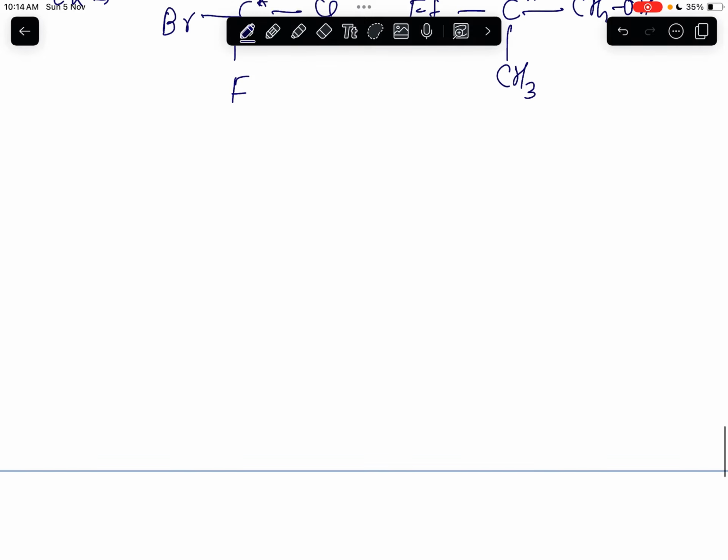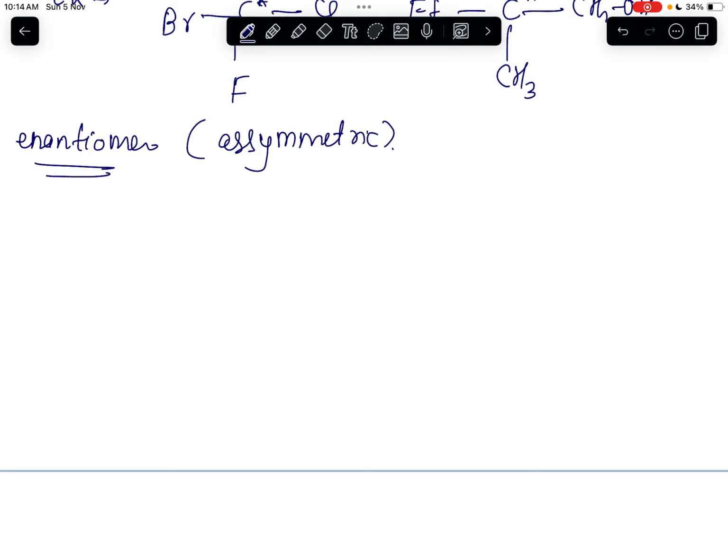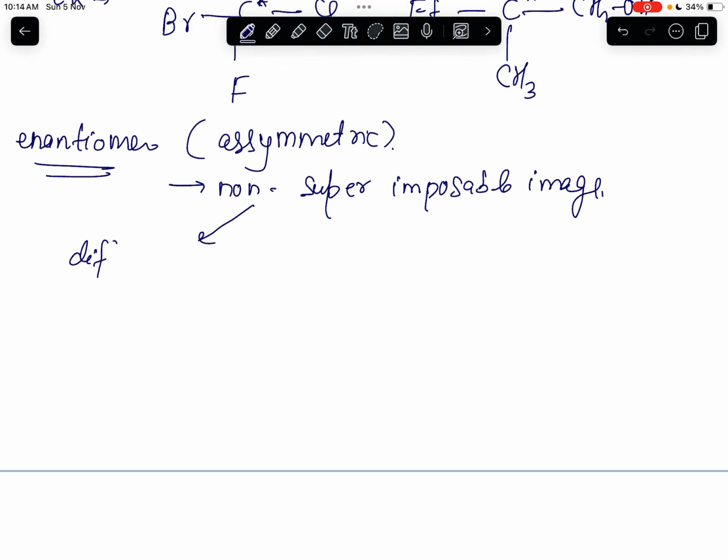Now let us understand the enantiomer. Enantiomers occur in the case of an asymmetric carbon center. So the most important thing is enantiomers are non-superimposable mirror images. They differ in rotation.